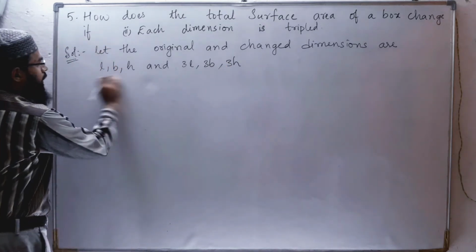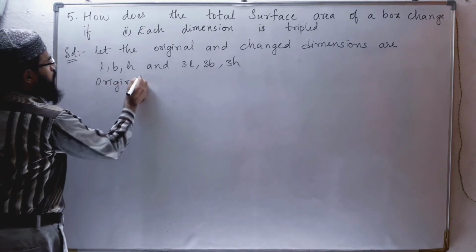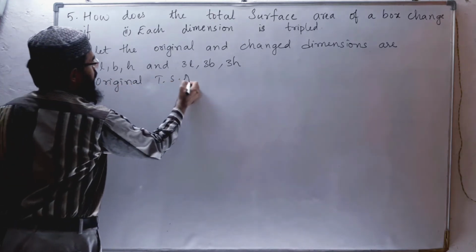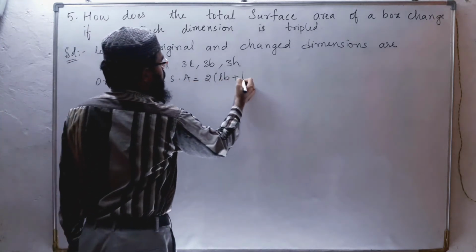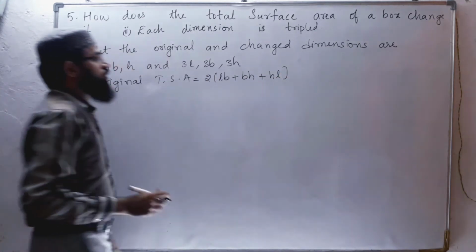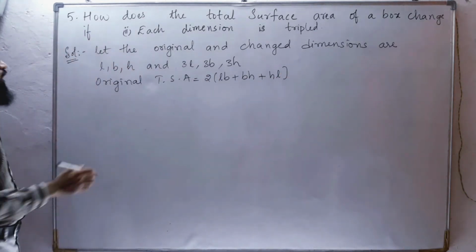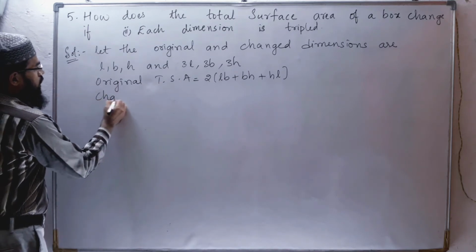Next we will get the original TSA. Say original total surface area is equal to 2 into (LB plus BH plus HL). So this is the original total surface area. Now we will write the changed total surface area.